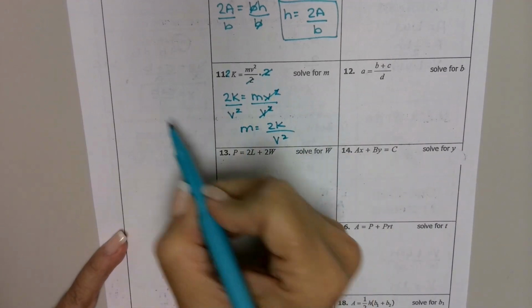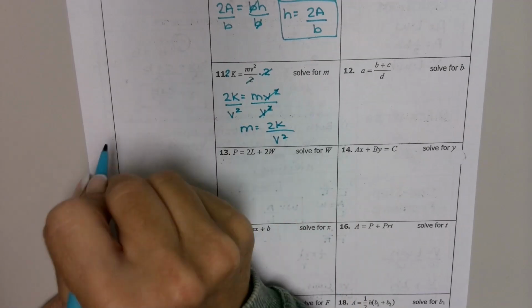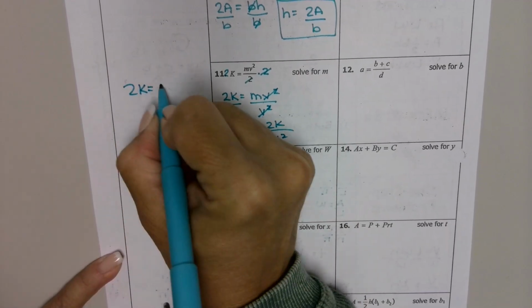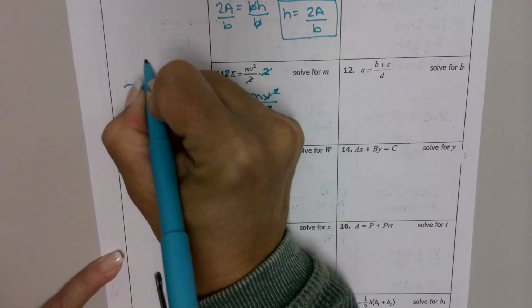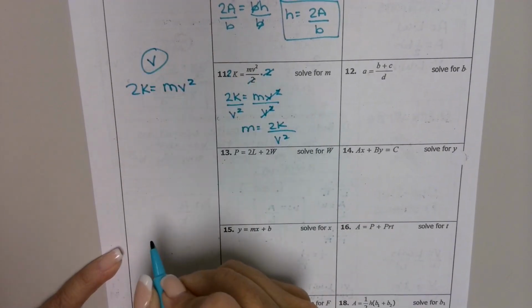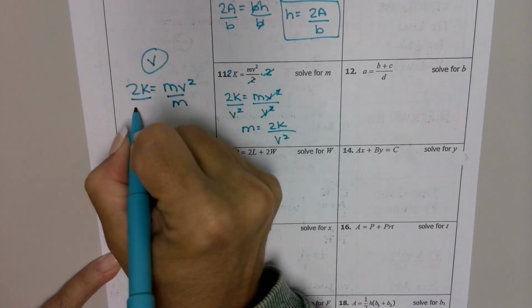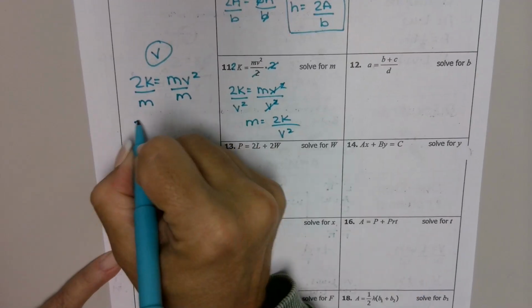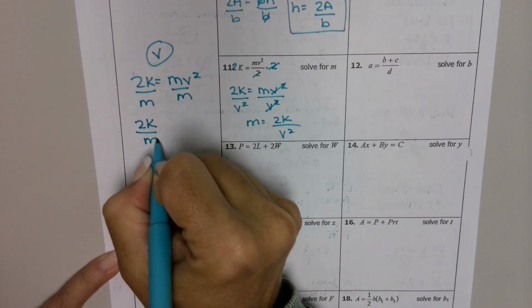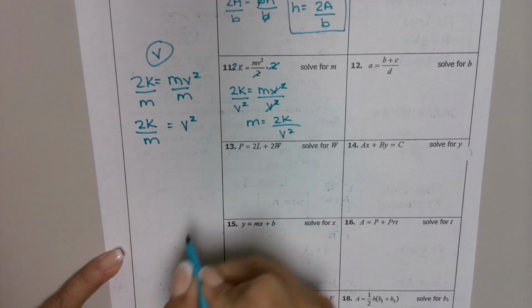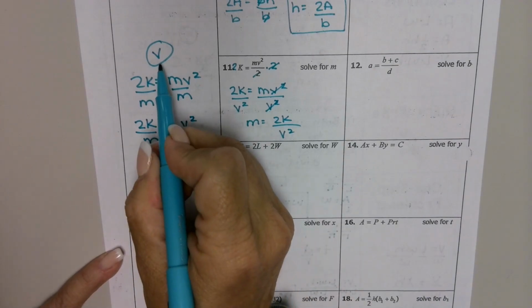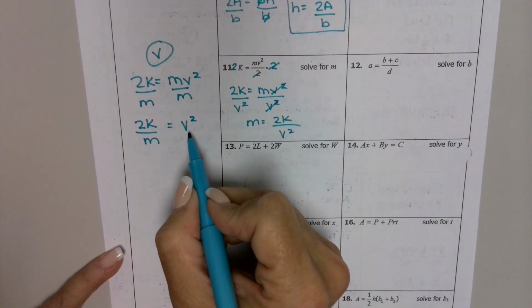Now, I'm going to go over here and do this. Let's go back to the step where I have 2k equals mv squared, and let's say that I'm trying to isolate v instead. Okay, so I'm going to divide this side by m and divide this side by m, and this gives me 2k over m equals v squared. Well, if I'm isolating v, right, now I have a squared term.